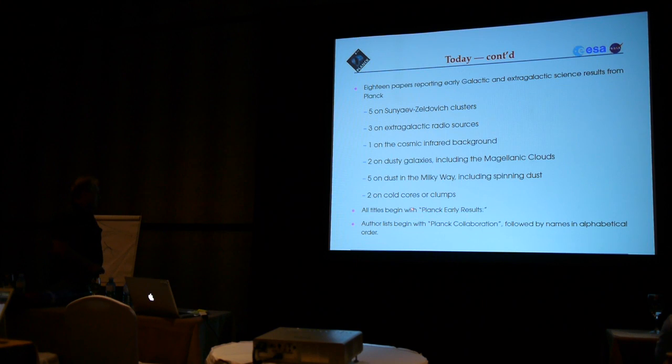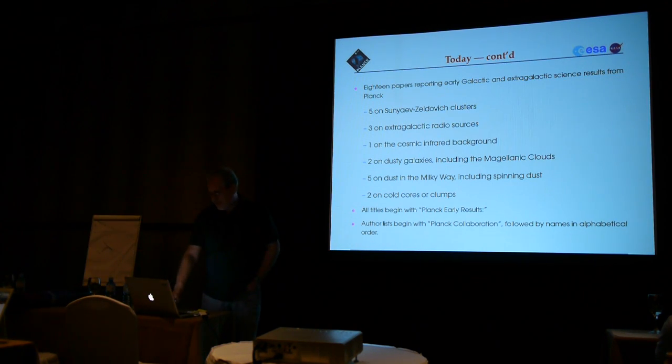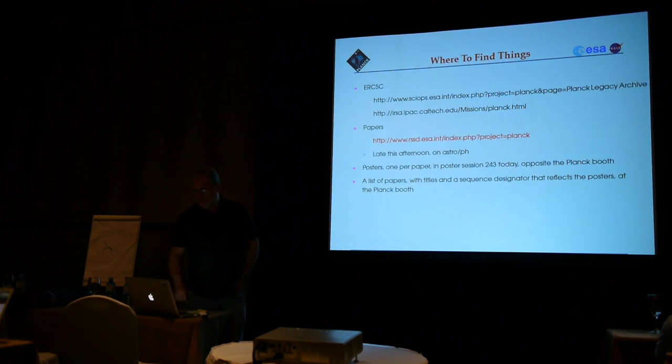All papers start with the preamble Planck early results in the title, and we author all the papers, and that's how it's going to stay throughout the collaboration's operation: Planck collaboration, followed by names in alphabetic listing order. Typically, there will be 200 people per paper.